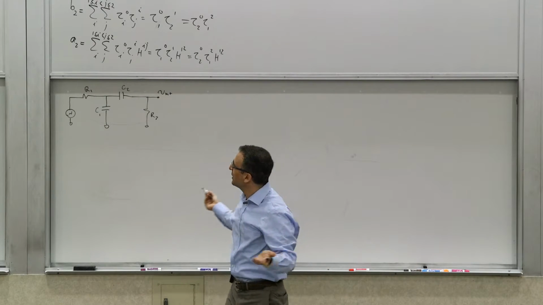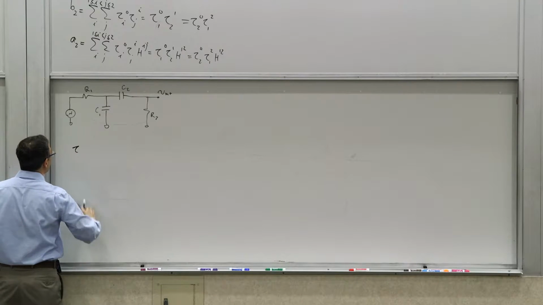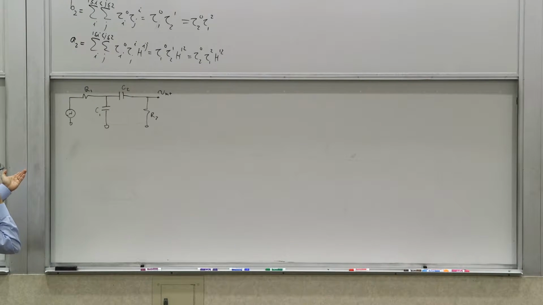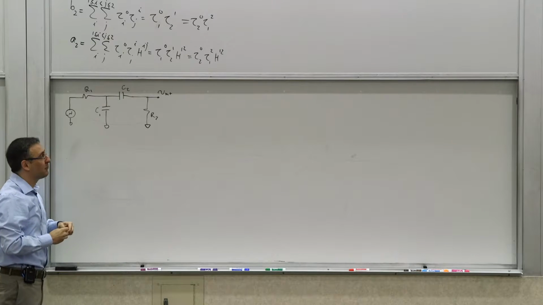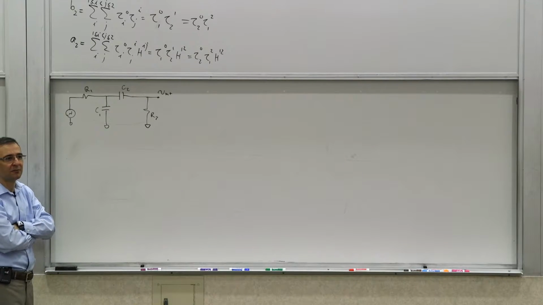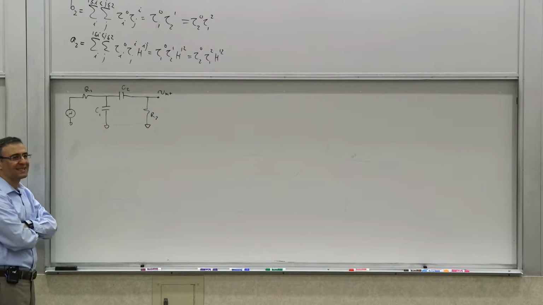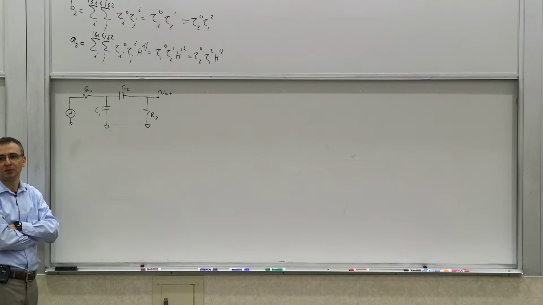So what are the things I need to calculate? First of all, look at this and see how many poles and how many zeros I expect from our test, which we haven't really proven, but we can actually now prove. I'll do it in a few minutes. But the test that we've developed tells us how many poles, how many zeros, where they are. How many poles?